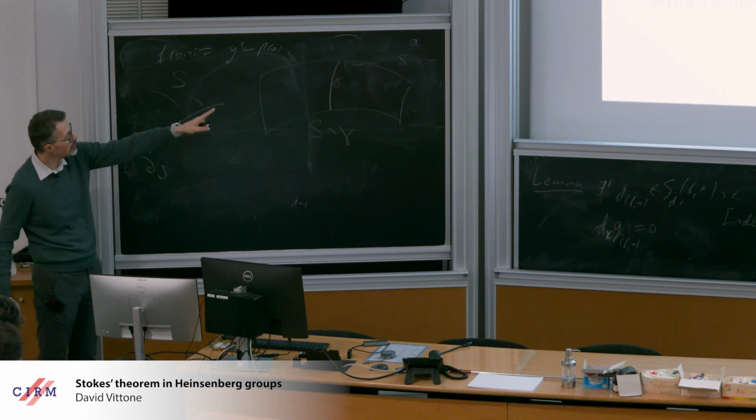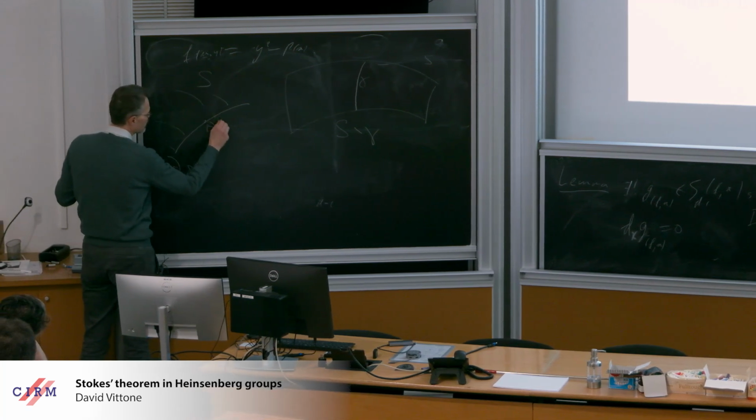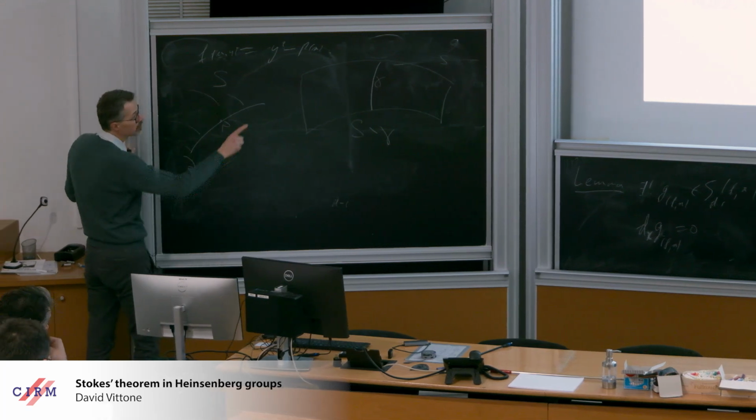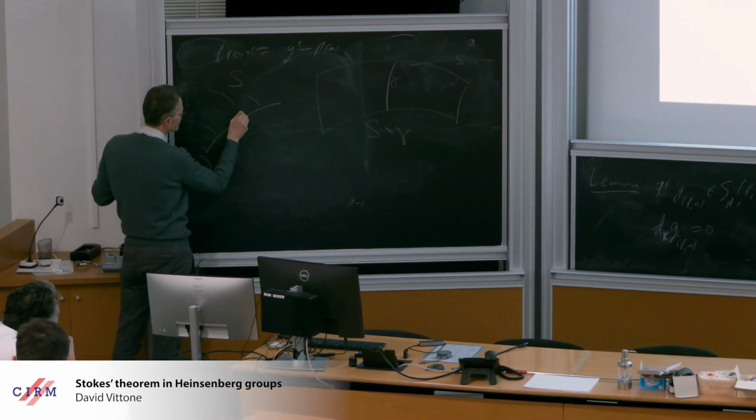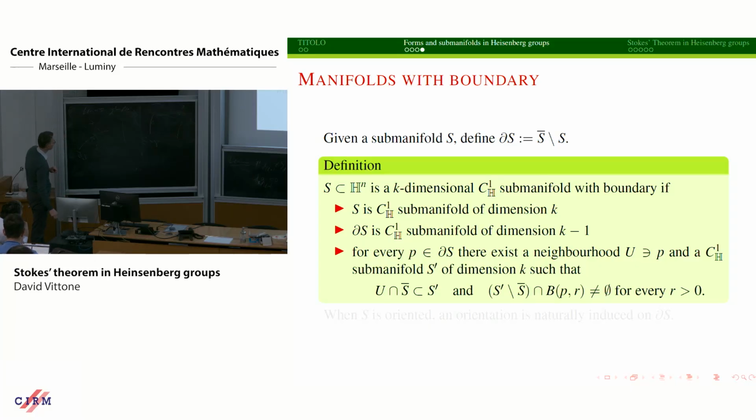We want to be able to extend S a little bit around P to a submanifold S prime, in a neighborhood, so that when from S prime we remove S and its closure, we will always see something more.